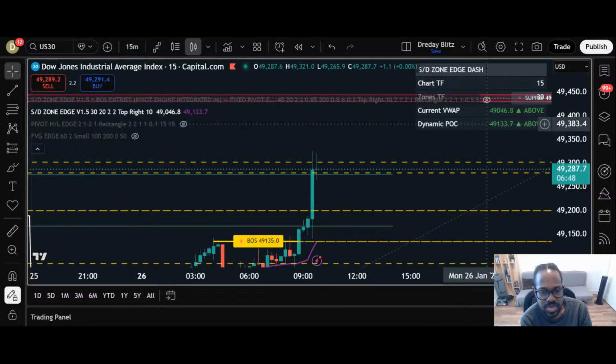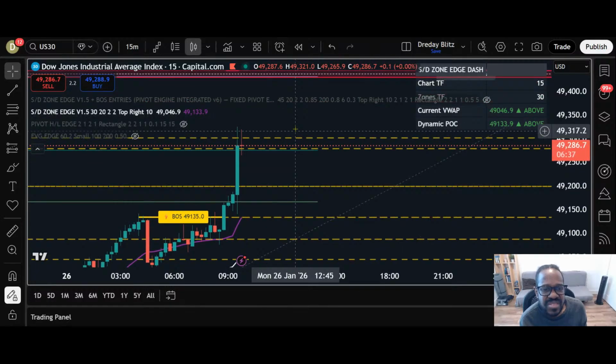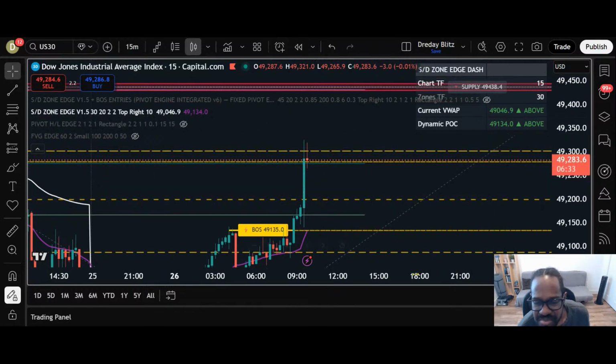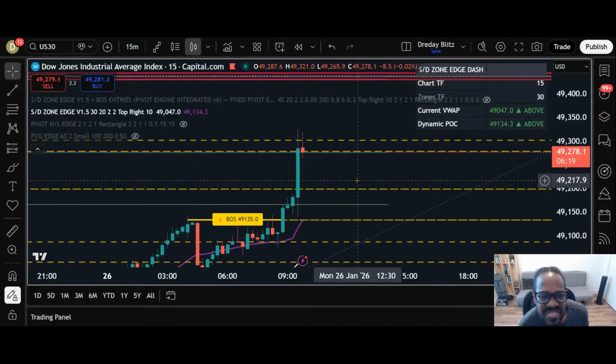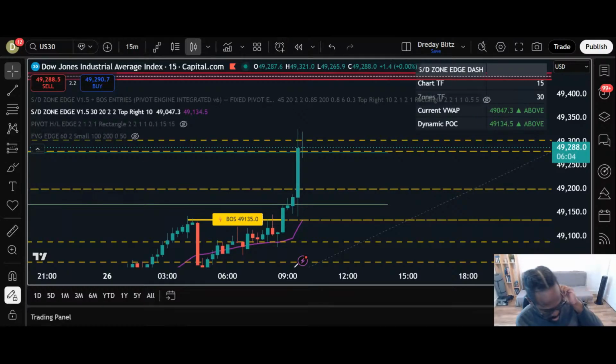So that new candle will most likely retrace, and based off of that, I'll prepare myself to maybe get in on a sell. So we'll see.